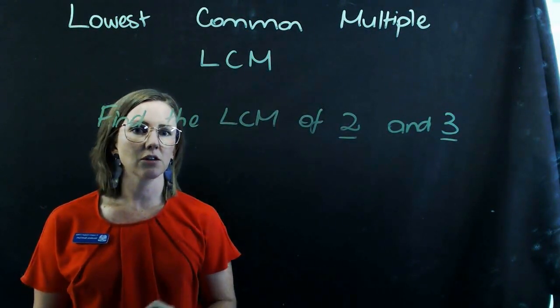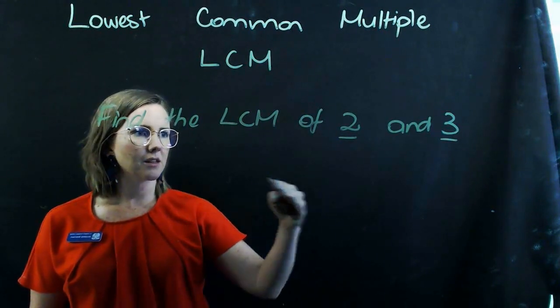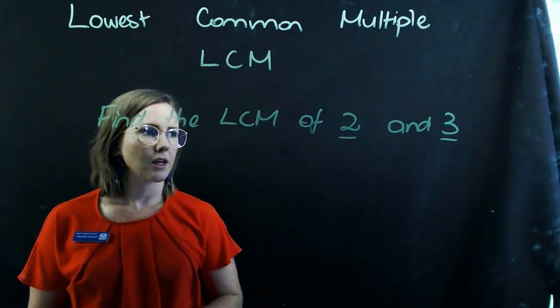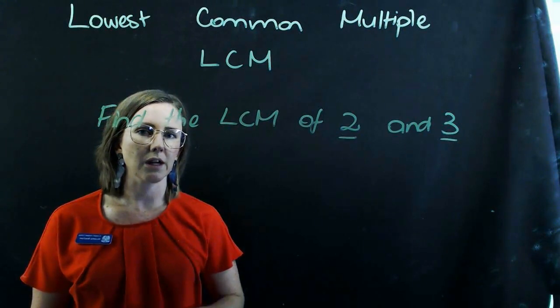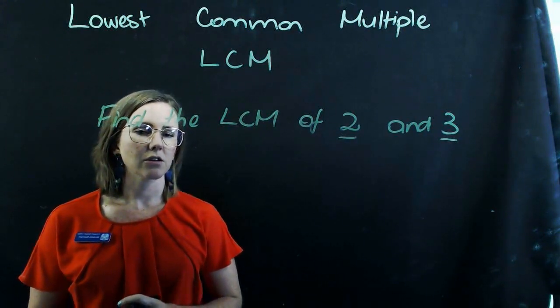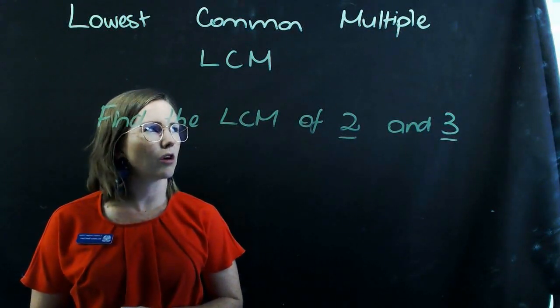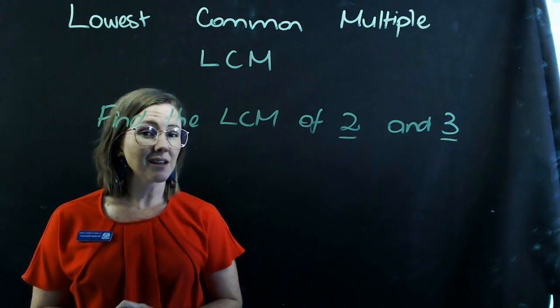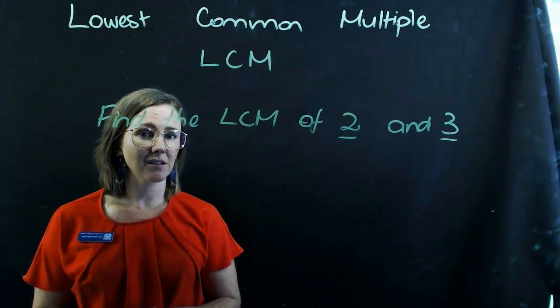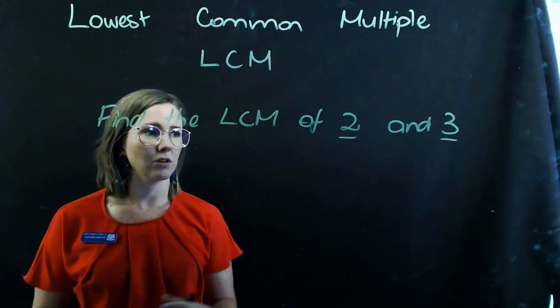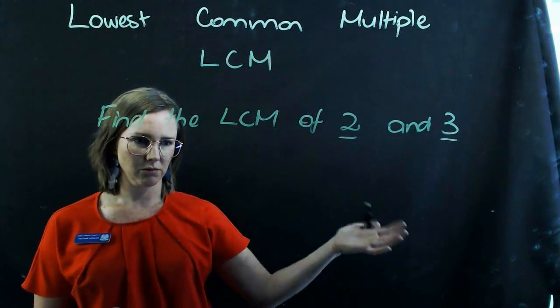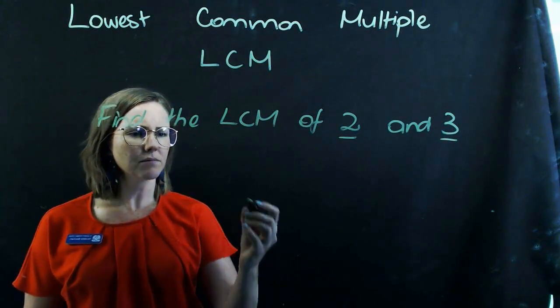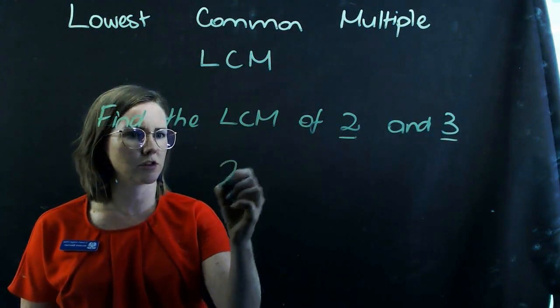The first thing you need to do is write a list of the multiples of 2 and then the list of multiples of 3 and then compare your lists. I would think the first 5 or 6 is a good place to start. And then if you need to write more, you can, because of course we know multiples can go on forever.